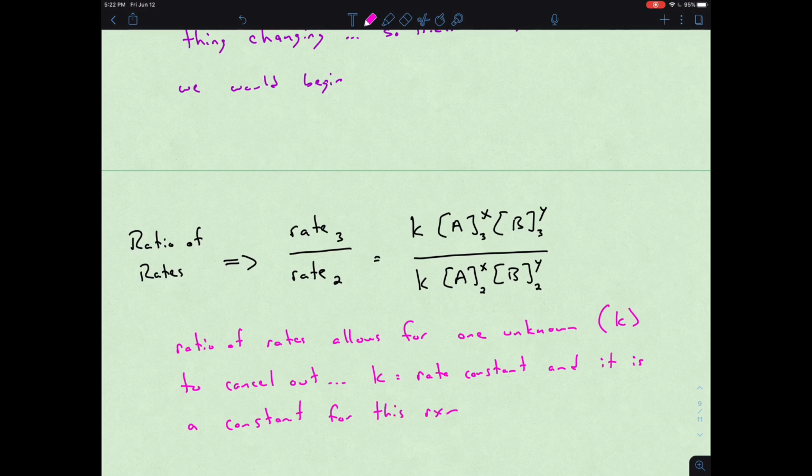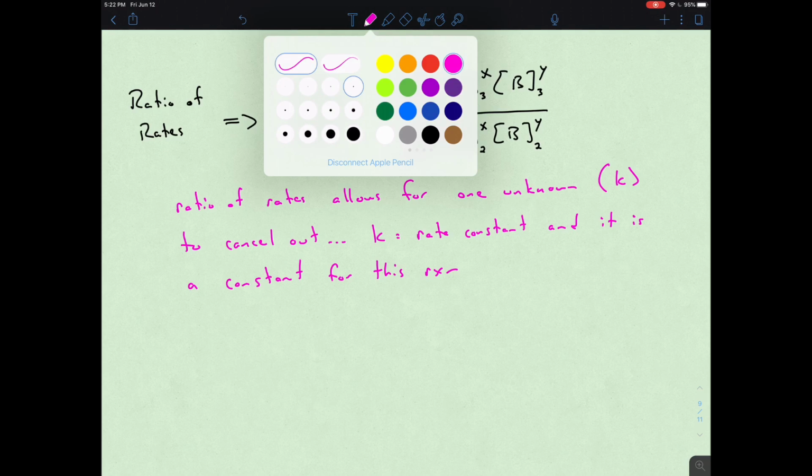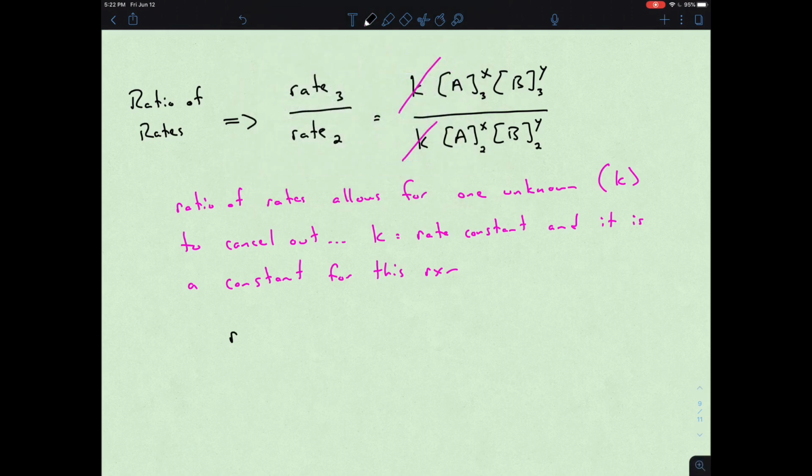So that means that our k value and our k value can fall out because of that ratio of rates. So again, that's one reason why we set up the ratio, is so that it helps to simplify the process.